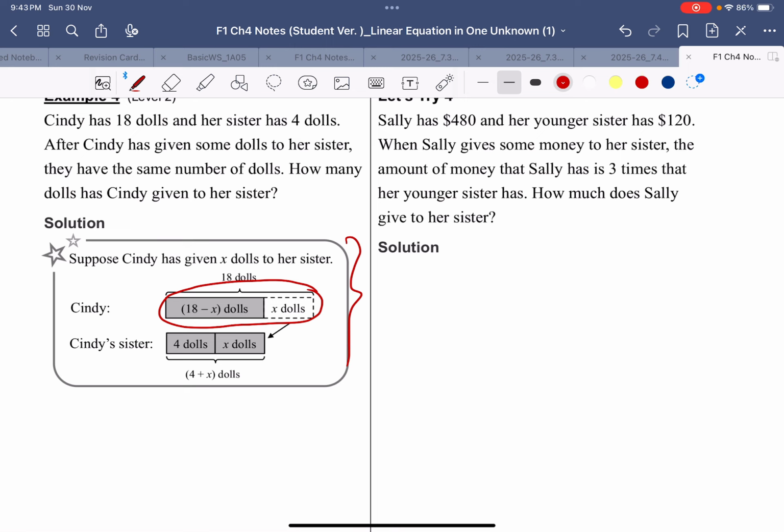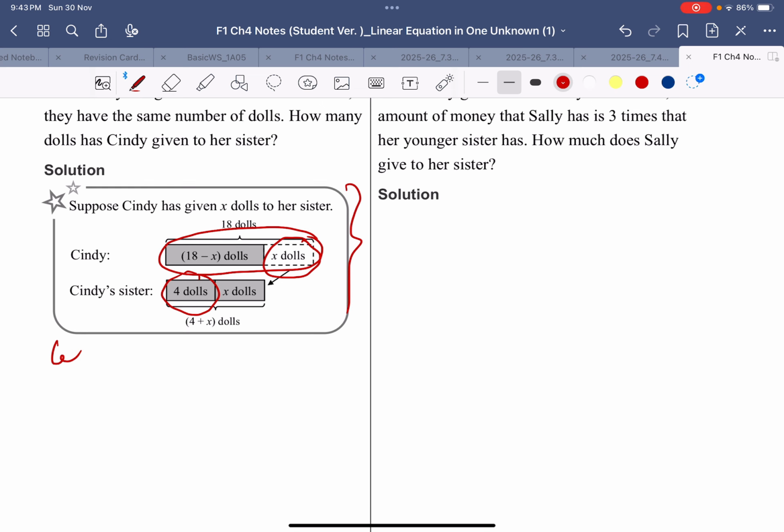And then her sister has 4 doors. After giving some doors to her sister, which we let be x, then they have the same number of doors.